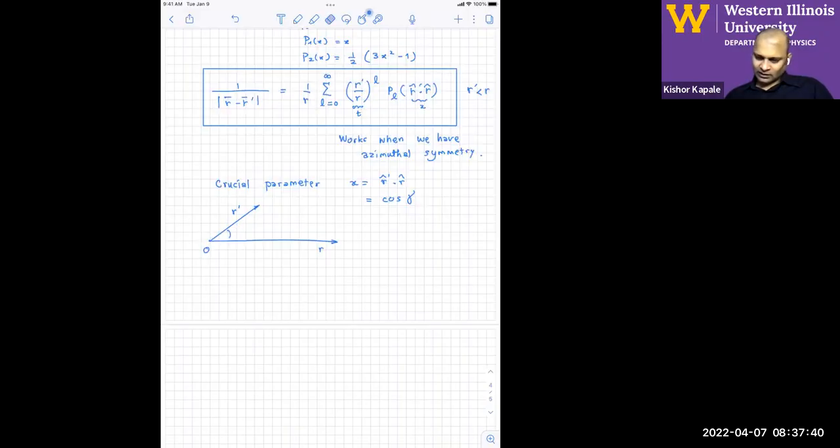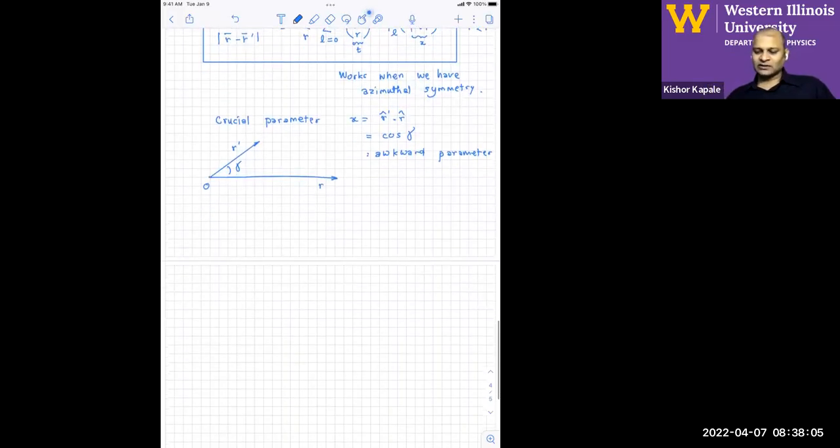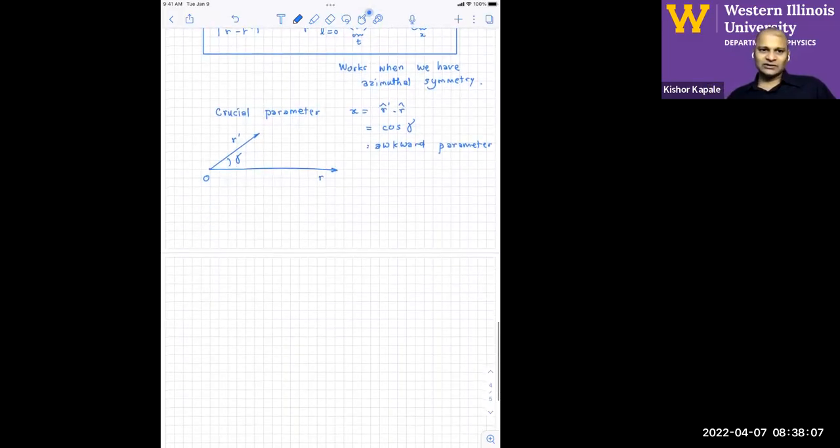The reason being, as r and r prime, both of these vectors, are changing as you're analyzing the field at different points due to different source locations. And so it is in some sense an awkward parameter. It's not something that is fixed in the first place, and so you can't really make sense of what it is that expansion is really trying to tell you.